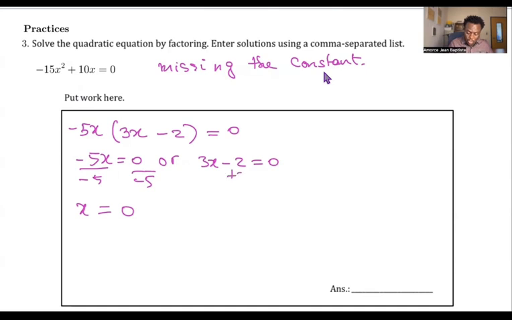Over here, we can add 2 on both sides. 3x is 2. Divide by 3, we get x equals 2/3. Solution set is not just 2/3, it's 0 or 2/3.